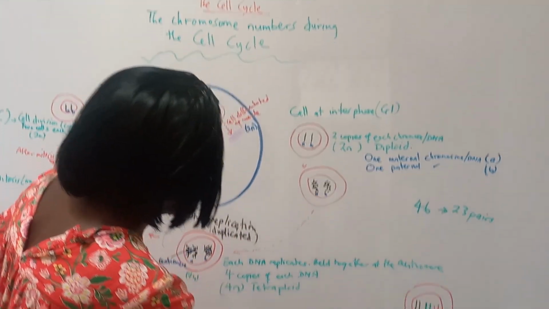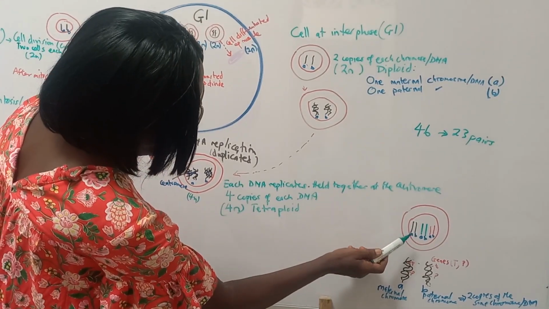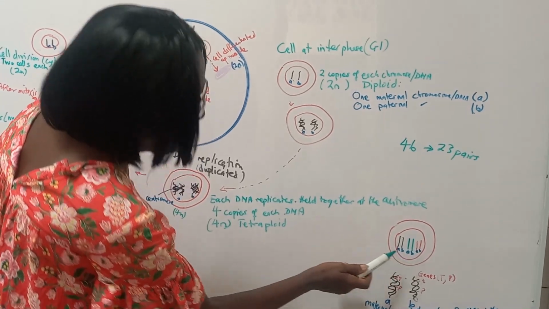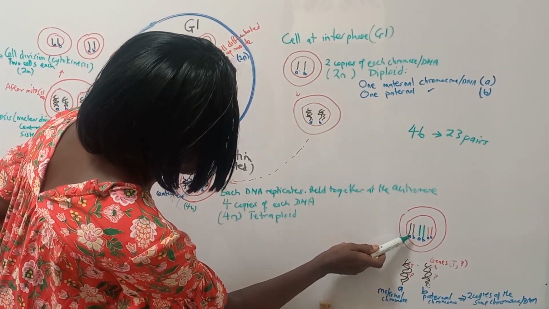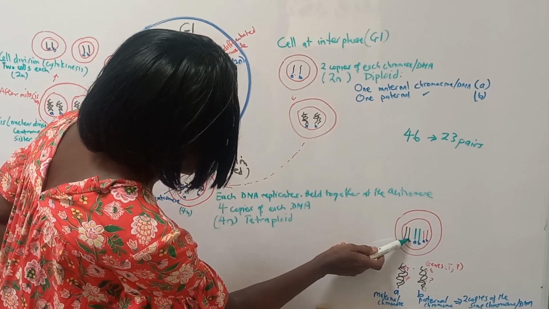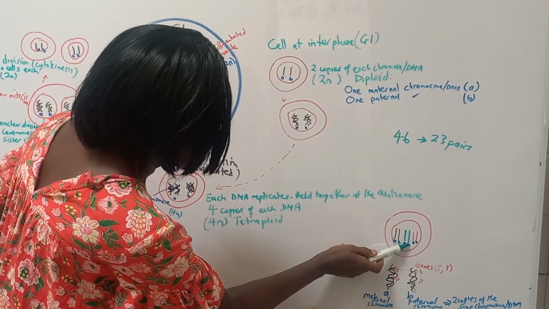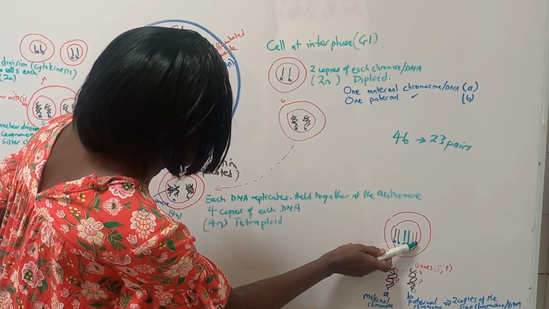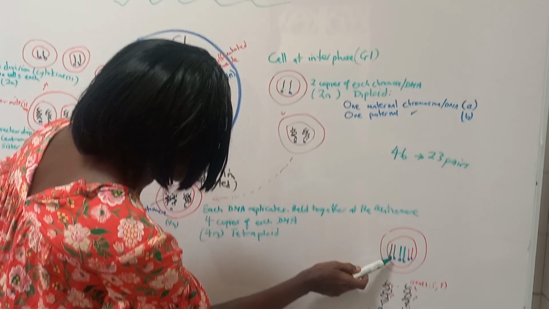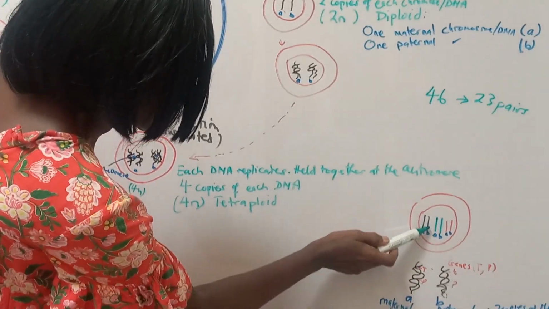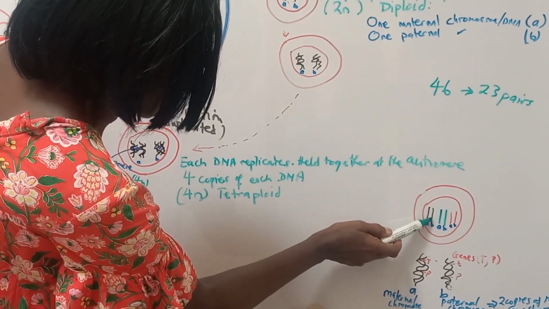So if this is a cell, I have labeled 1, 2, 3 pairs. So what it means is that this chromosome, maternal, has a paternal one. This maternal, paternal, maternal, paternal. And so it means that the genes on the maternal are the same genes on the paternal.